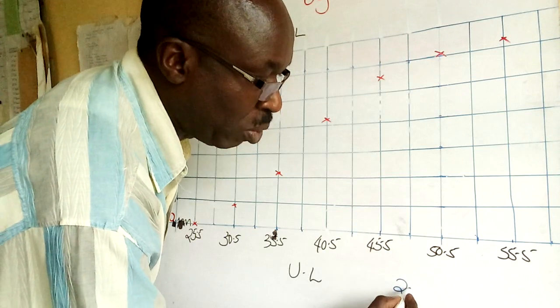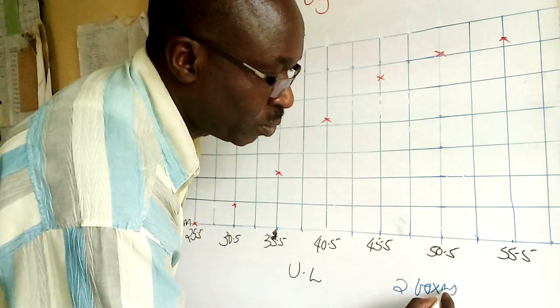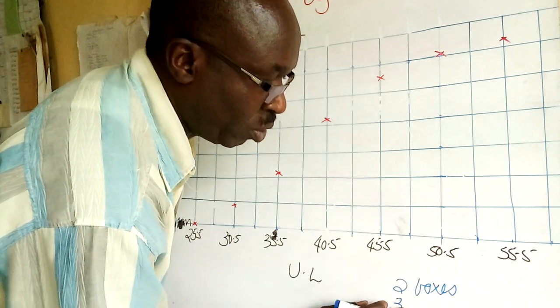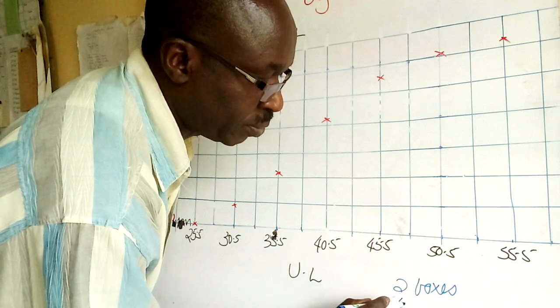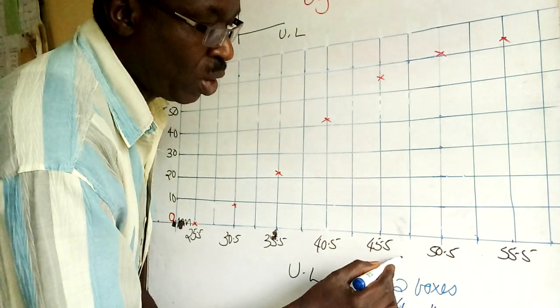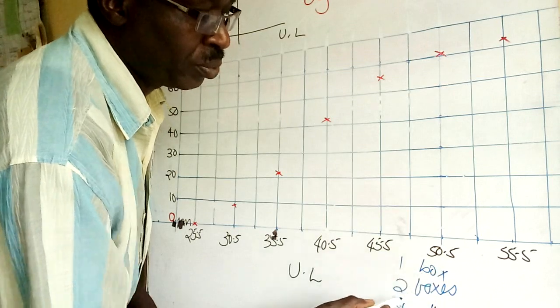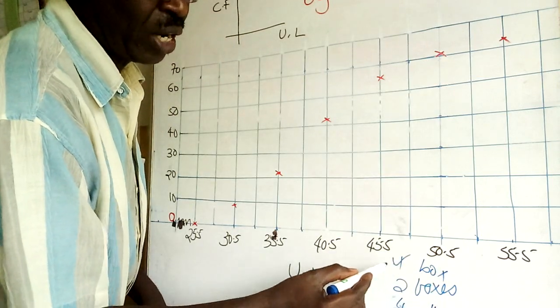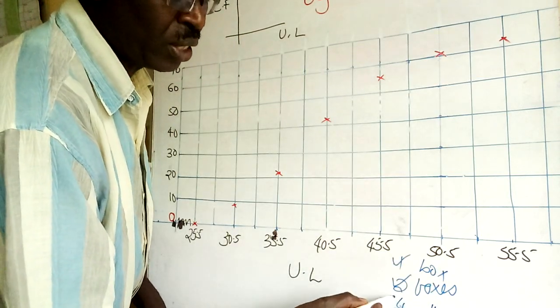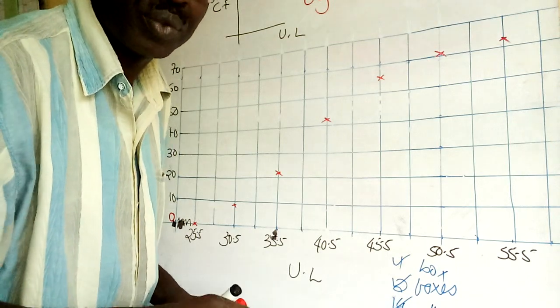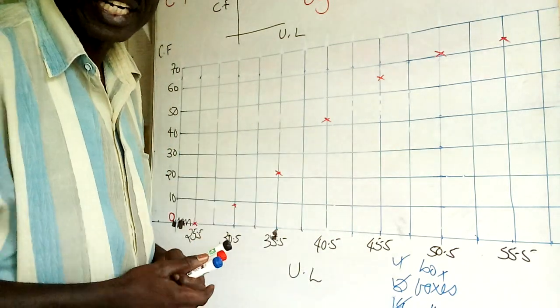It is either 2 boxes or 3 or 4 boxes or 1 box. This is what guides you. If you cannot use 1, use 2 boxes, use 4 boxes. Always you will get it right.